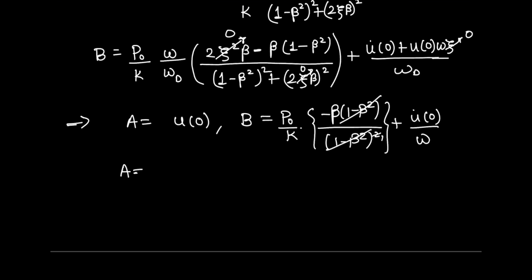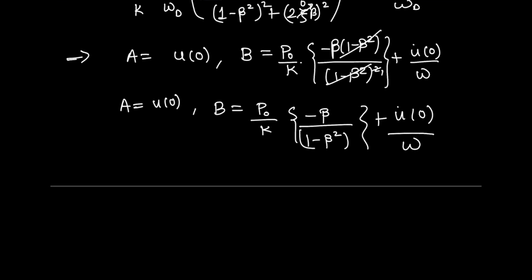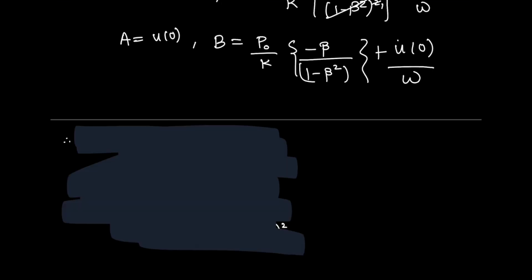So hence we get A is equal to U naught and B is equal to P naught by K, minus beta by 1 minus beta square, plus U dot naught by omega. As it is a forced undamped situation, it will also have a particular solution.